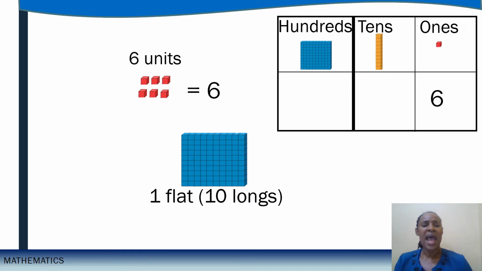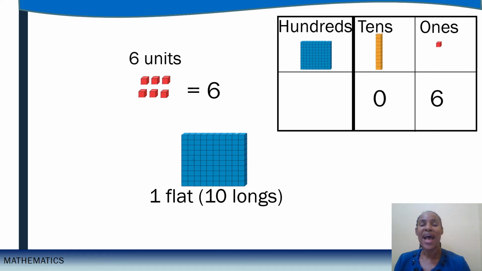And how many tens do we have? Or how many longs do we have? Great, boys and girls, there are no longs. So how do we write to show that we have no longs? Great going, boys and girls. If you said we would put 0 in the tens place, that is correct. And how many hundreds do we have?